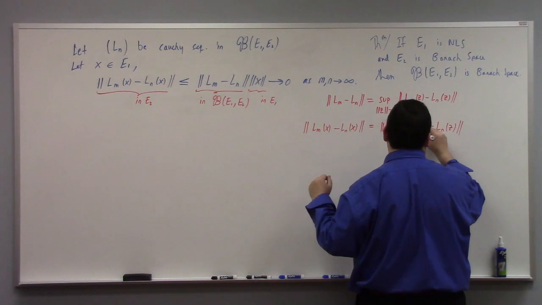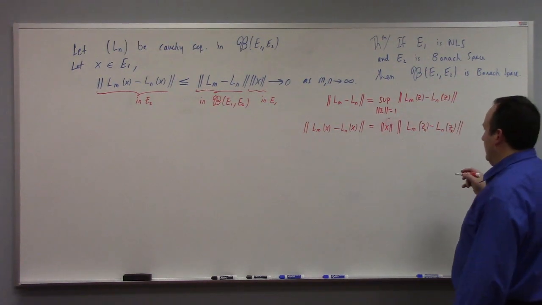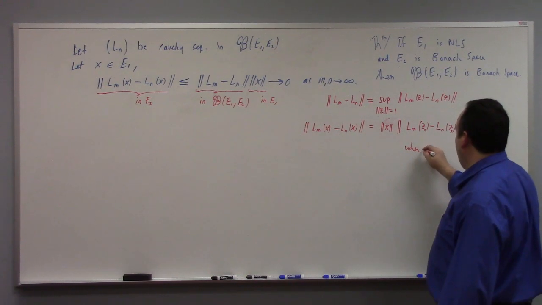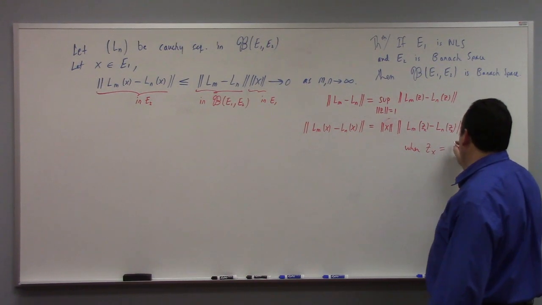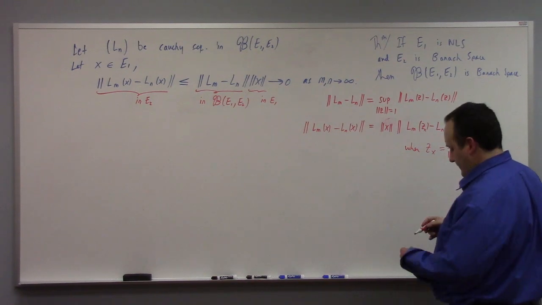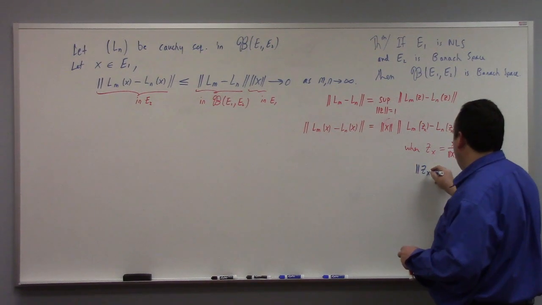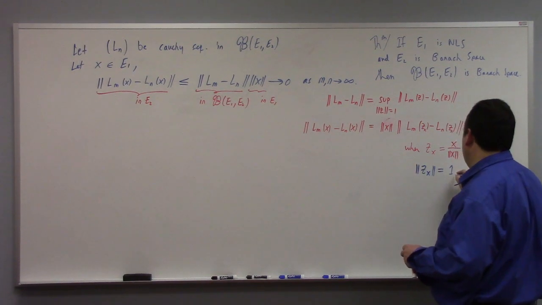I could say z sub x, where z sub x is just equal to x over the norm of x. So that makes this thing have length 1.